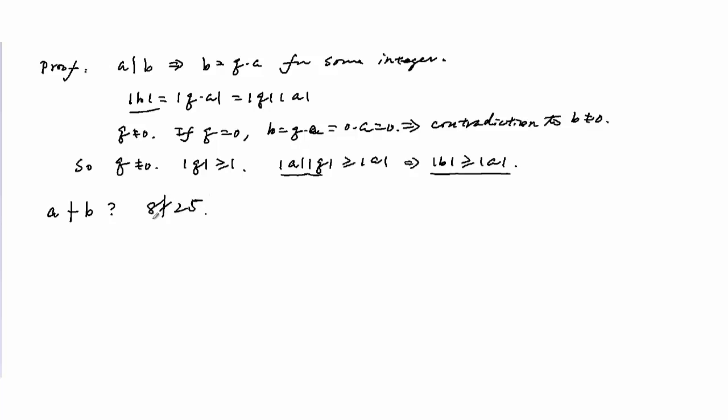When 8 does not divide 25, then 25 can be written as 3 times 8 plus 1, right? 25 divided by 8, you get 3, and the remainder is 1. So this is always true for any integers, division. And this is called the division algorithm.